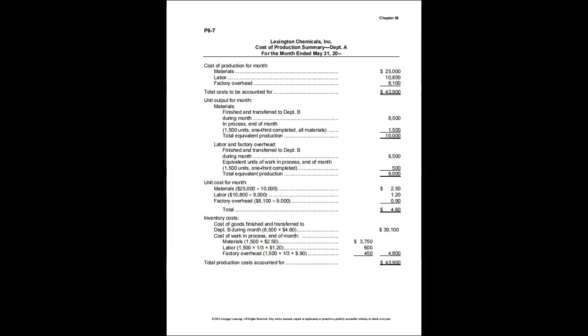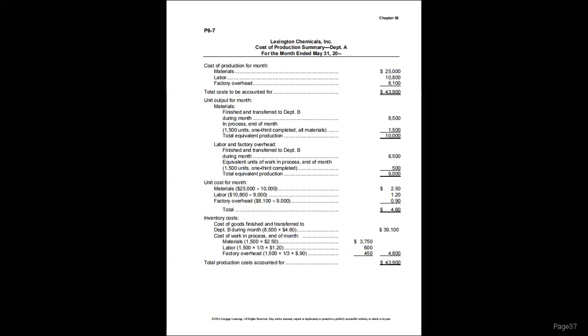So only 500 times 1.20, factory overhead, 500 times 0.90. So the total production cost to be accounted for is now equal to the cost accounted for. That is in Department A.